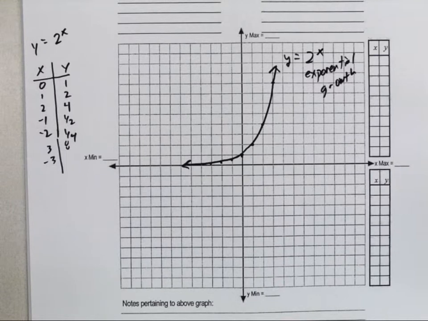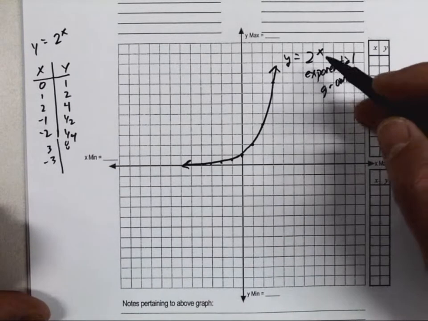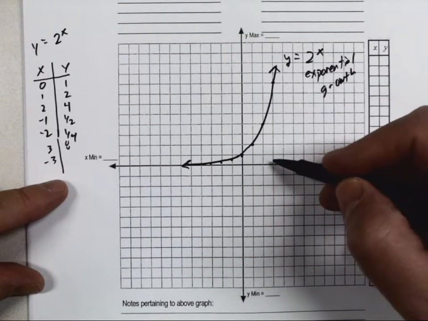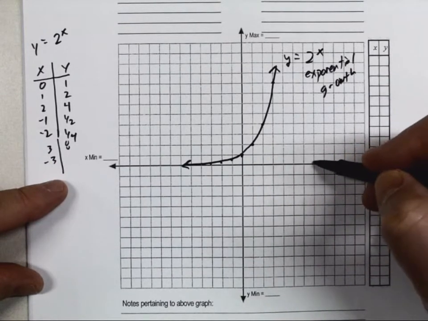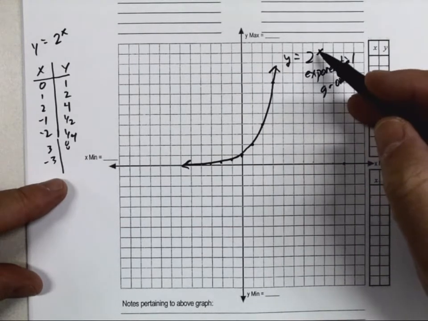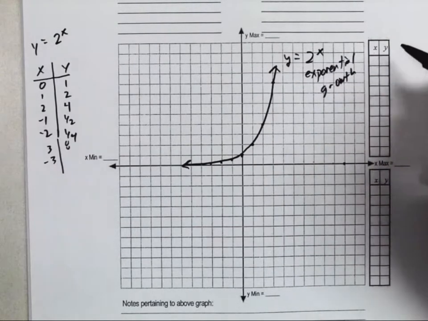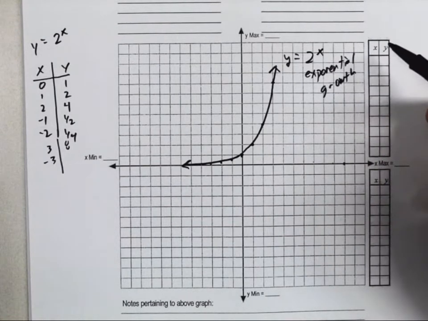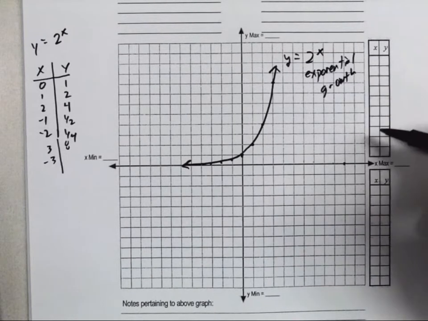And that's what happens. For instance, just for fun, if I put in 10 for x, 1, 2, 3, 4, 5, 6, 7, 8, 9, 10. So if I go here to 10 and put it in and then try and graph my point, if I grab my calculator, 2 to the 10th is 1,024.